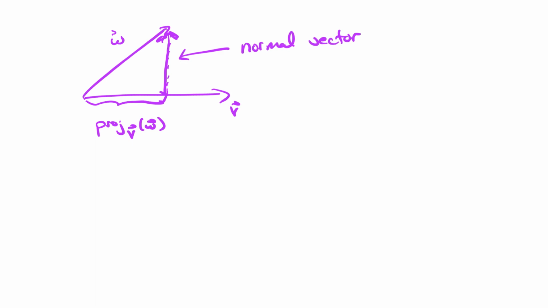It's going to be perpendicular to our projection. And how we get that is just our original vector W minus our projection. This will give us our normal vector.